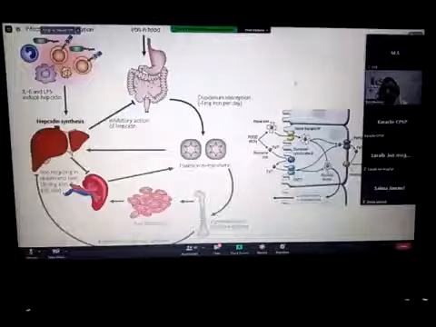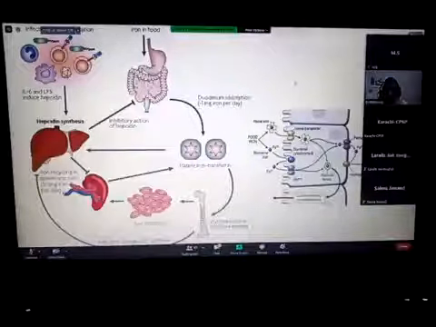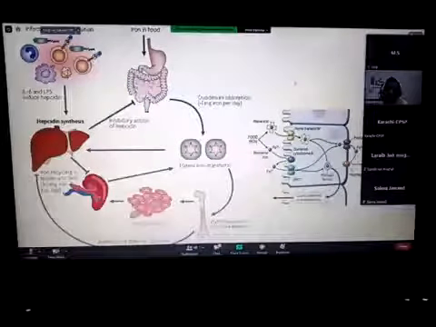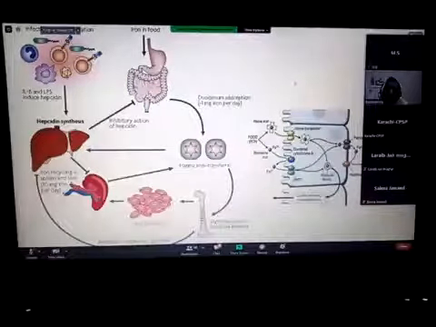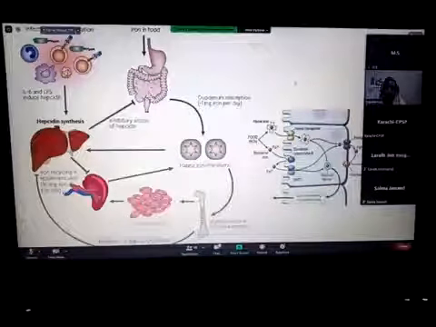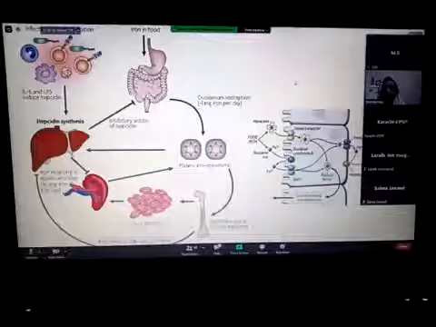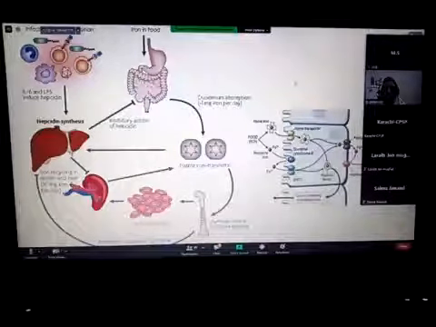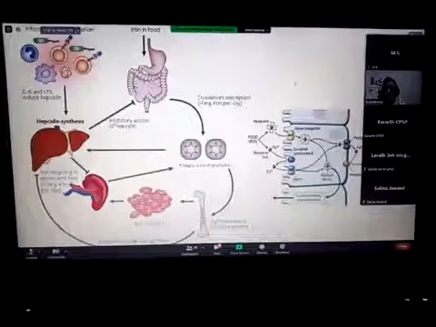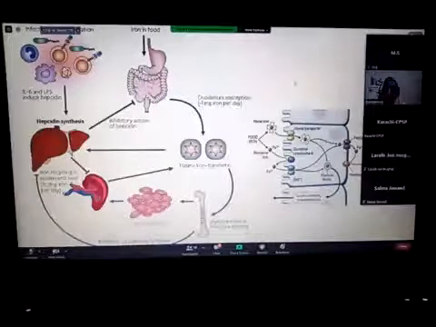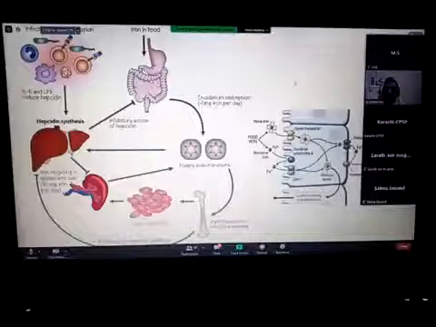And this mucosal cell obviously has a life cycle. It will not stay in the intestine forever. It will be shed off. So that means the absorption of iron is regulated at the level of the duodenum. It will be transported if it is needed. If it is not needed, it will be shed off and it will go into the stool like that.